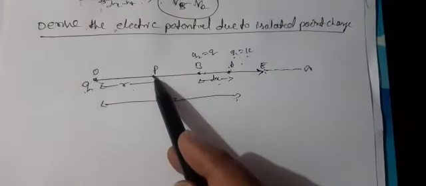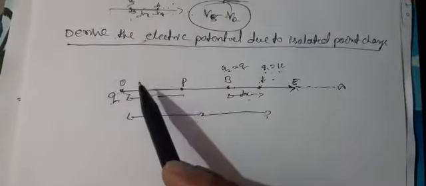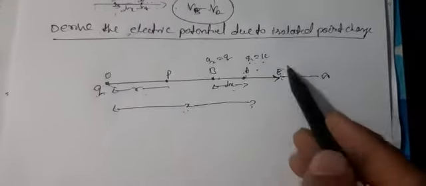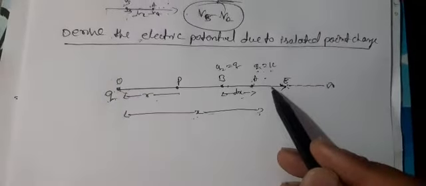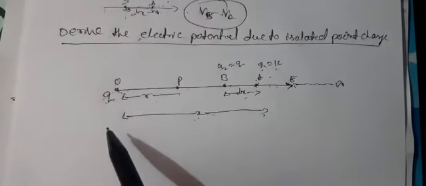P is a point at a distance R from O, and E is the electric field line due to the charge plus Q.